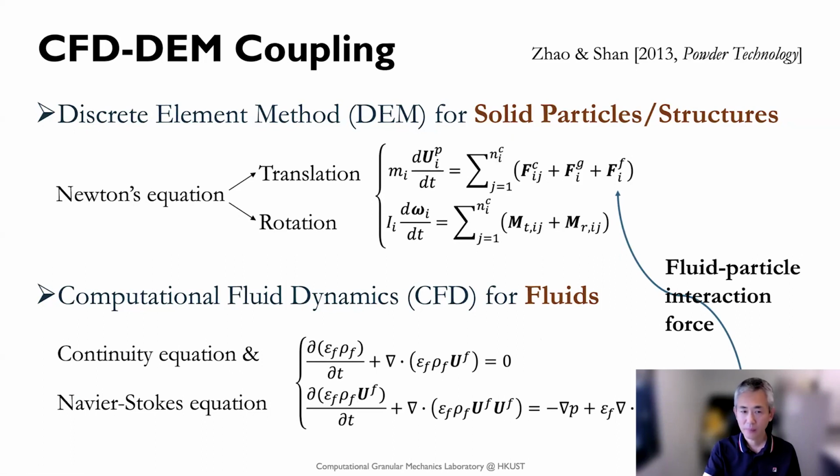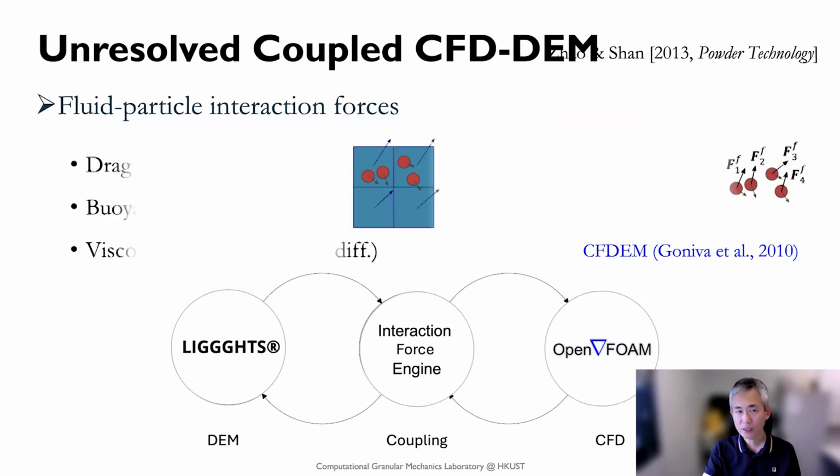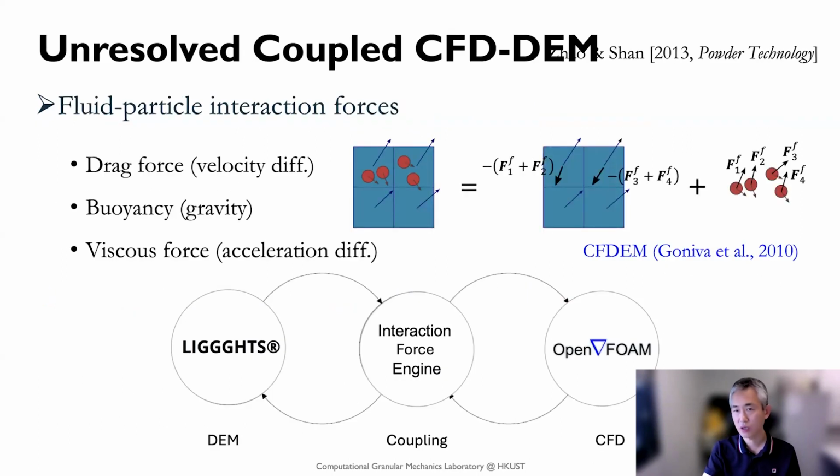And so one way that we can do this is in a so-called unresolved way. Unresolved means that the debris particle is normally smaller than the CFD cell here, and then we consider important interaction forces like the drag force. Drag force means that if the fluid and the particle have different velocities, typically the fluid will drag the particle. Of course, the particle will also have a reaction force on the fluid as well.